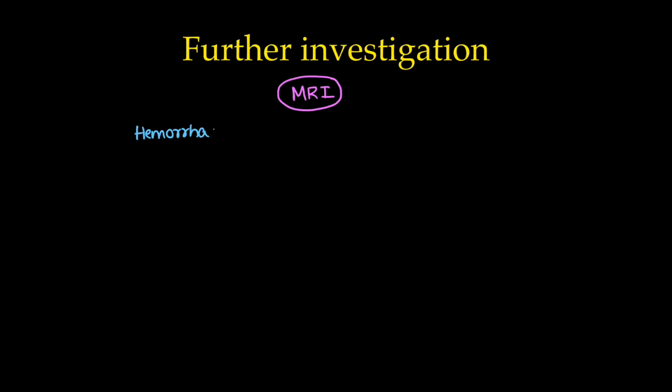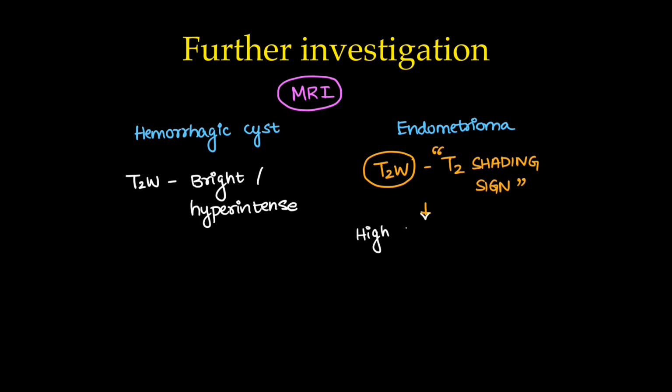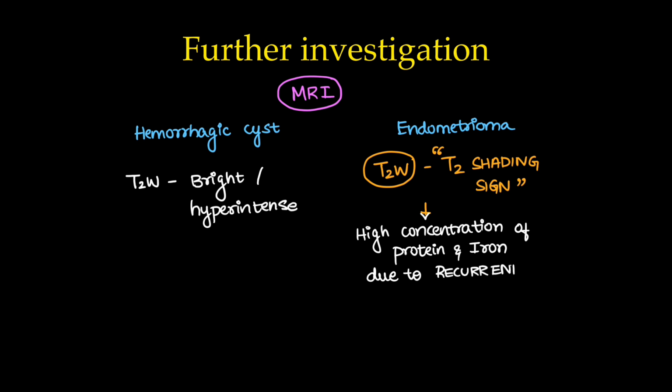When in doubt, we can go for further investigation, that is MRI. So hemorrhagic cyst in MRI appears bright or hyperintense on T2 weighted images, whereas endometrioma shows classical T2 shading sign. This is nothing but high concentration of protein and iron in the altered blood due to recurrent hemorrhage, which will show hypointensity on T2 weighted images.